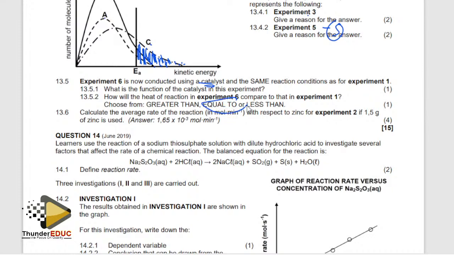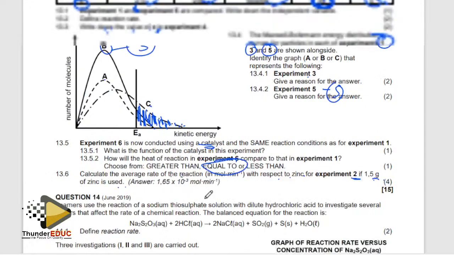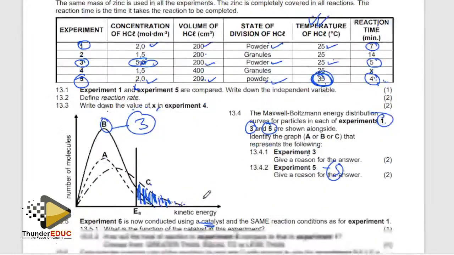Yes. Calculate the average rate of reaction with respect to zinc in experiment 2, if 1.5 grams of zinc is used. So in this case, what are you going to do? So the rate of reaction, you can talk about mass. Yes, and then find out the number of moles. So in this case, do we know the mass? Yes. What did they say here?